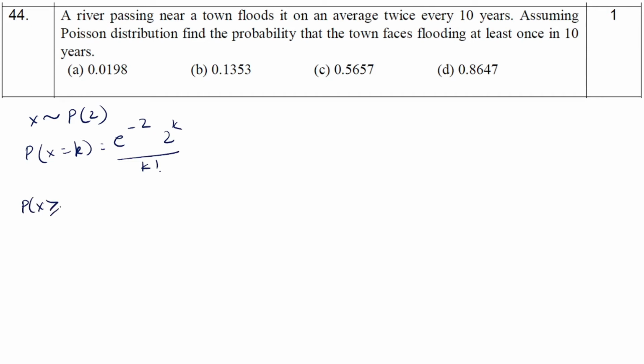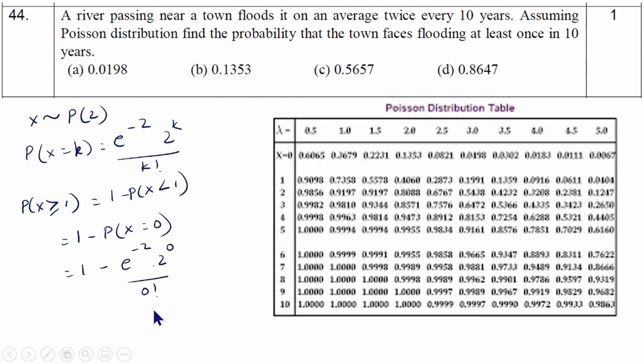Probability of X greater than or equal to 1 is equal to 1 minus probability of X less than 1, or it is equal to 1 minus probability of X equal to 0, or it is equal to 1 minus e raised to minus 2 into 2 raised to 0 by 0 factorial.